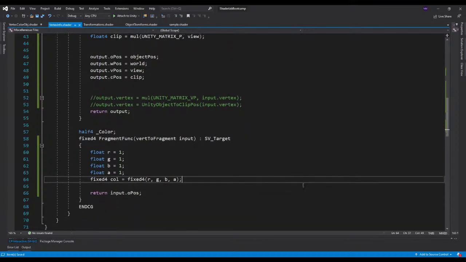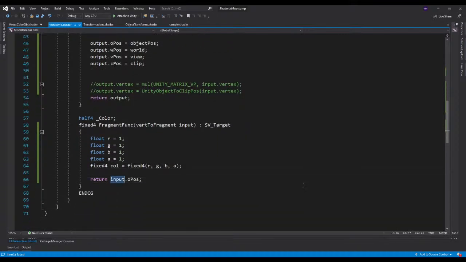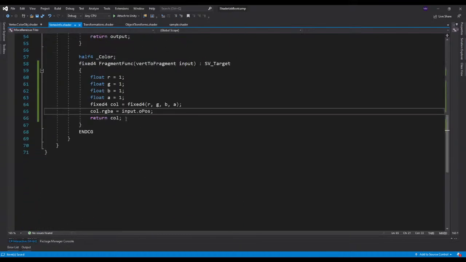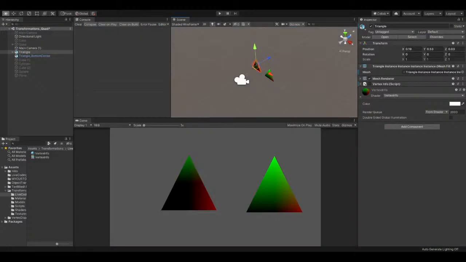I hope you already understood how we are calculating the color. I'm sorry if I'm just putting this, but yeah. And if I just say color right here, what I'm doing is color dot RGBA is equal to input dot object position. Now this object position is float4, whatever I provided here is float4. So it will get mapped to this, and when I go to Unity, this is the result.